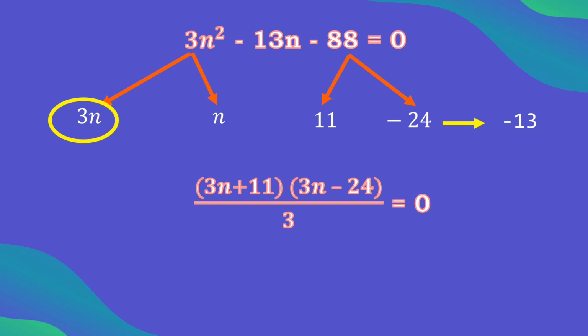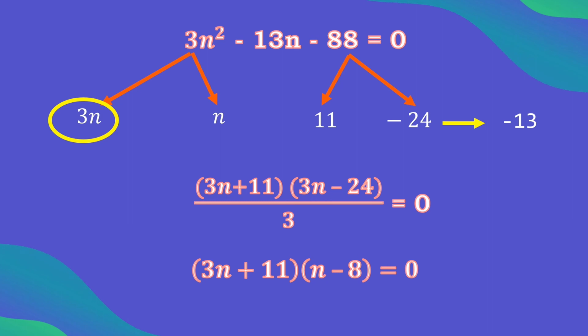Which of the factors in the numerator is divisible by 3? That's right. 3n minus 24 is divisible by 3. If we divide 3n minus 24 by 3, we will get n minus 8. Therefore, the factors of 3n squared minus 13n minus 88 is 3n plus 11 times n minus 8.